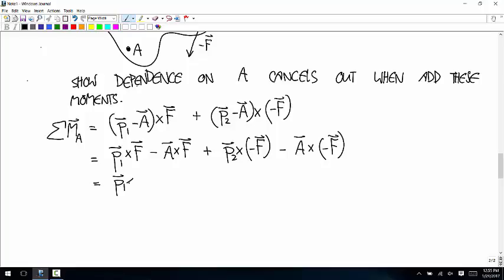So we get P1 cross F minus A cross F minus P2 cross F plus A cross F. And now you can see that the two terms that have A's in them cancel each other out.